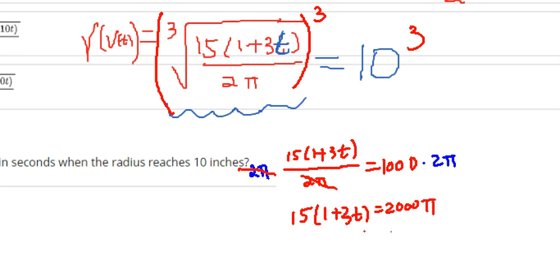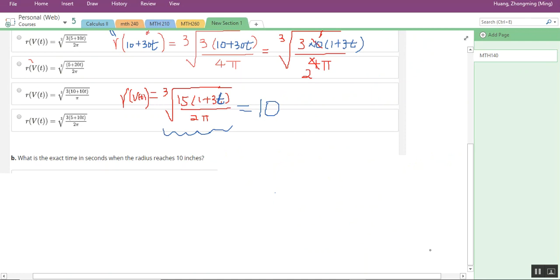And then your job is to solve for t. Now this is just a linear equation that we have covered quite a while ago. So I would expect you to divide by 15 so that this just becomes 1, and then eventually solve for t. So that's the hint that I have for this particular problem.